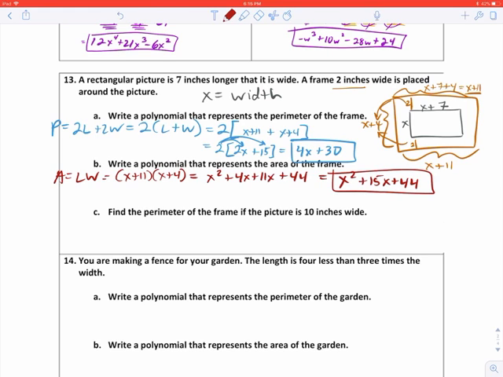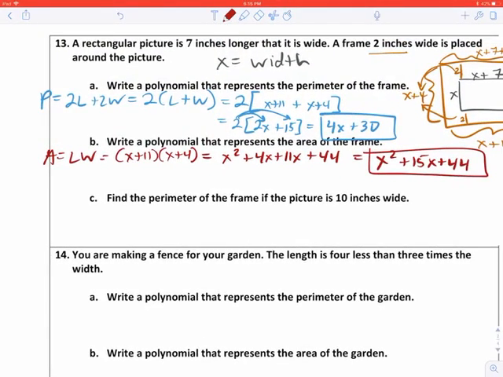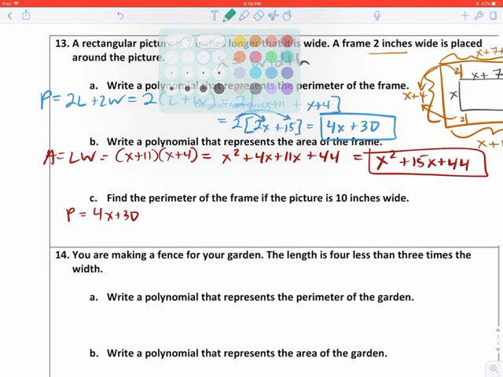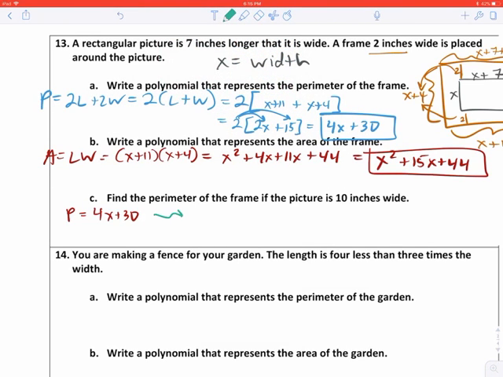Now let's find the perimeter of the frame if we know the picture is 10 inches wide. So recall that my perimeter formula we got was 4x plus 30. And we're comfortable with, or should be comfortable with, functions. So let's write that as p of x is equal to 4x plus 30.